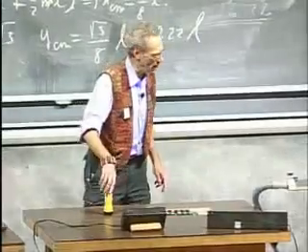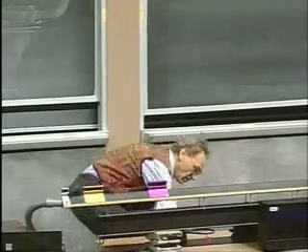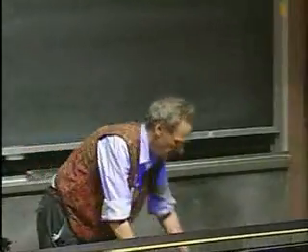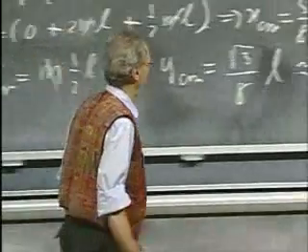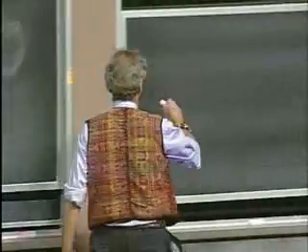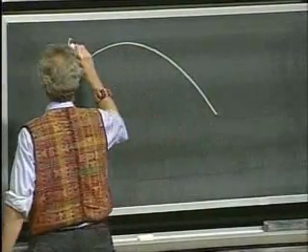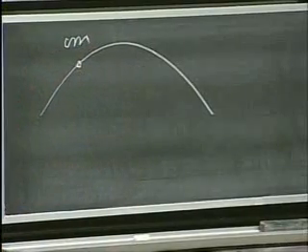When I throw up a hammer, the hammer will do very weird things. The hammer will start to tumble and rotate, but the center of mass will behave in a civilized way. If I throw up a hammer, then the center of mass, and only the center of mass, will just go along a perfect parabola, as if it were just a tennis ball.